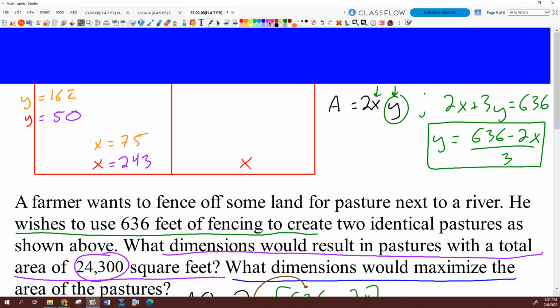The solutions were either 75 or 243. So if x is 243, I just plug 243 into this box and solve for y. I'm just trying to visualize it, and I'm getting a little confused because it's pastures. Oh, okay. Well, there you go.